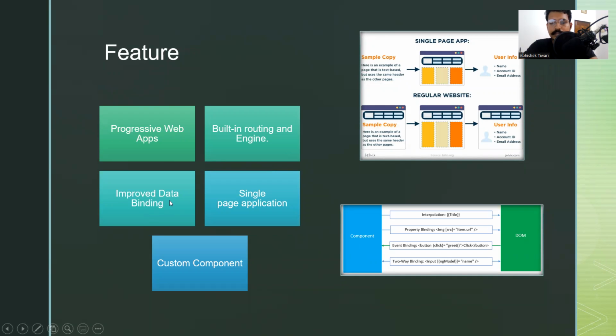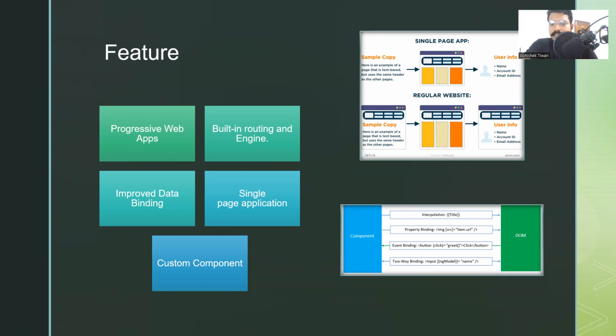Now, the third thing is improved data binding. Earlier, when we were using HTML and JavaScript, through jQuery or JavaScript we were fetching the DOM and changing the attribute names, doing event binding, whatever we needed to do, and it was a bit complex.